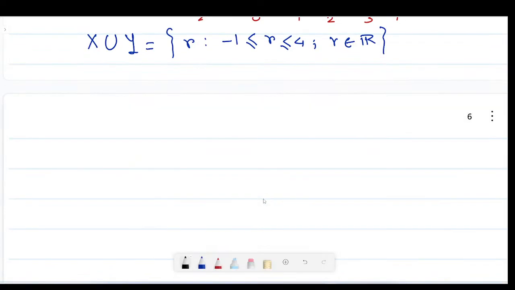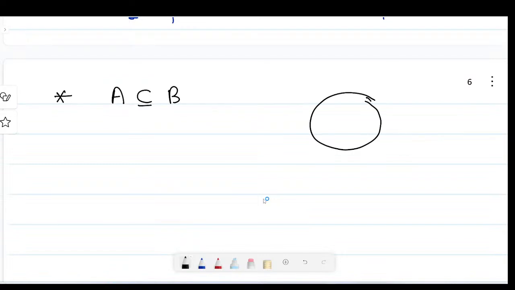Okay. There is another note, that if A set is a subset of B, such like this is my B set and this will be my A set. Okay.